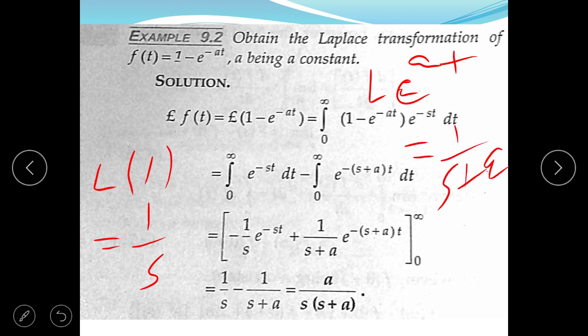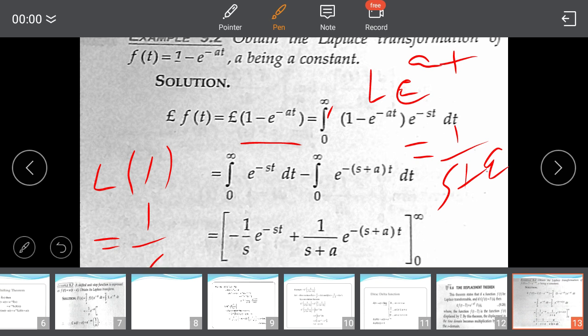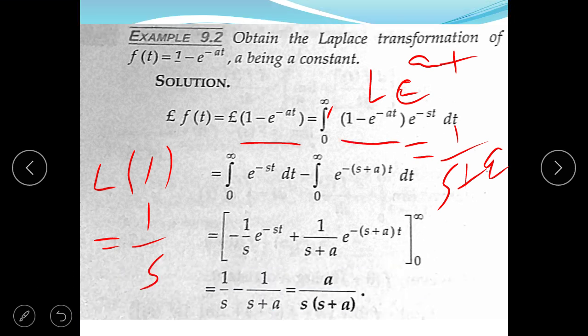So we directly write the Laplace transform of 1 minus e to the power minus at is equal to integral 0 to infinite of (1 minus e to the power minus at) e to the power minus st dt, or integral 0 to infinite of e to the power minus st dt minus integral 0 to infinite of e to the power minus (s plus a)t dt.